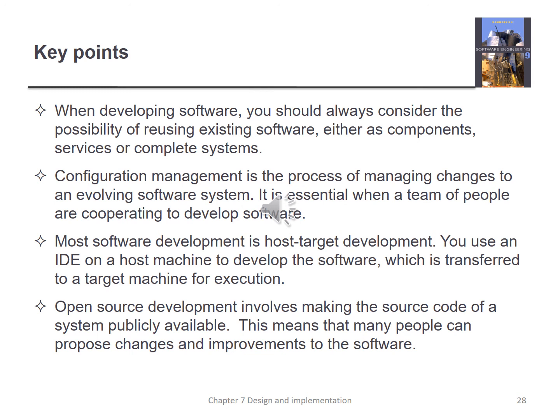This means that many people can propose changes and improve the software, and they could use it freely. By this, we finish that chapter. As we said, most of it is an example, and you could use that example and the knowledge from it in your project. The reuse, open source and some issues are the important things in this chapter.